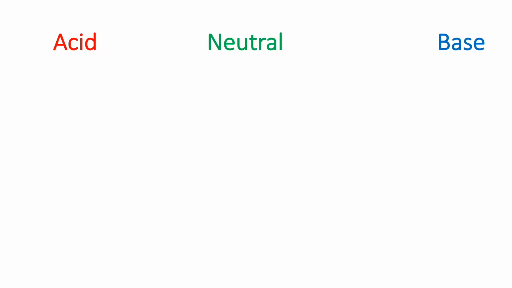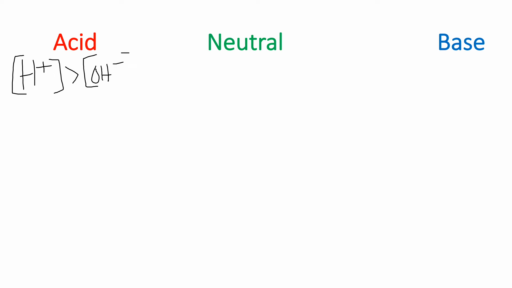Another way to differentiate between acid, neutral compound, or base, apart from just looking at the formula, is to look at the concentration of H plus and OH minus ions. So let's look at acids. When a compound is an acid, it will have more H plus ions than OH minus ions.